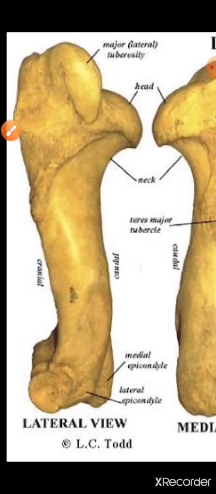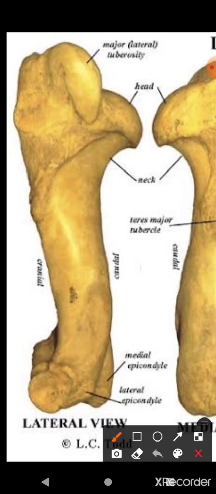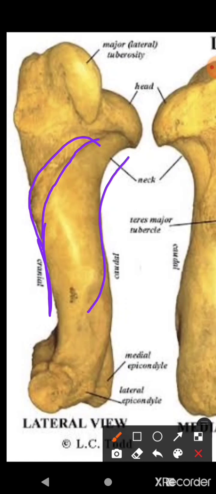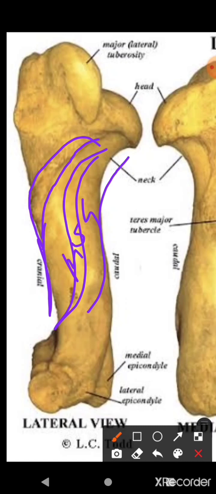The lateral surface is separated from the anterior surface by a border, the crest of the humerus. This is the crest of the humerus, which separates the anterior surface from the lateral surface.